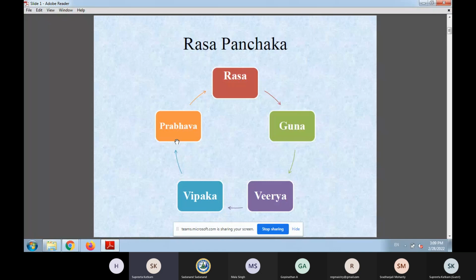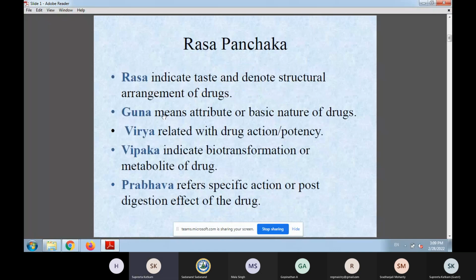All of us are aware about rasa, what it is. Rasa tells about the taste and denotes structural arrangement of drugs. Leave aside structural arrangement of drugs, it tells about the taste. Okay, rasa indicates the taste.